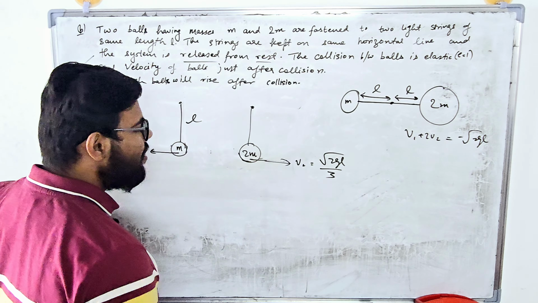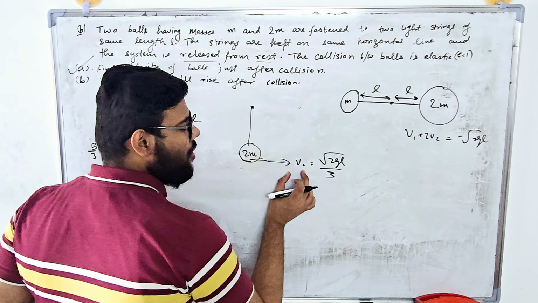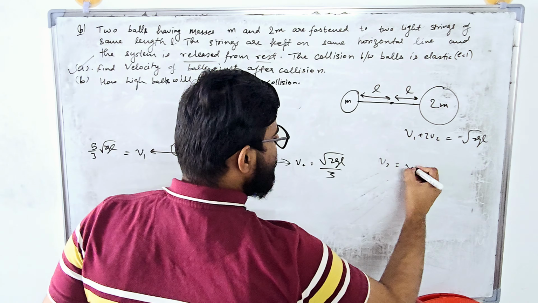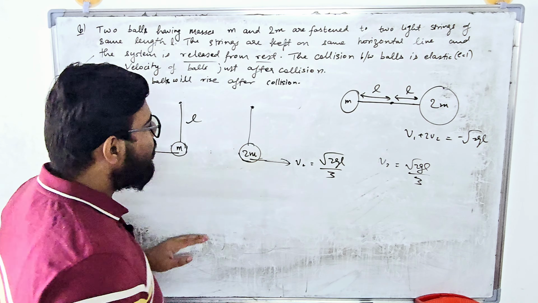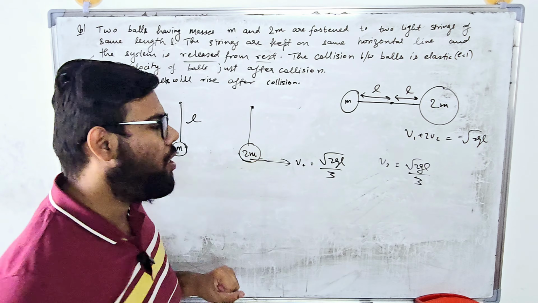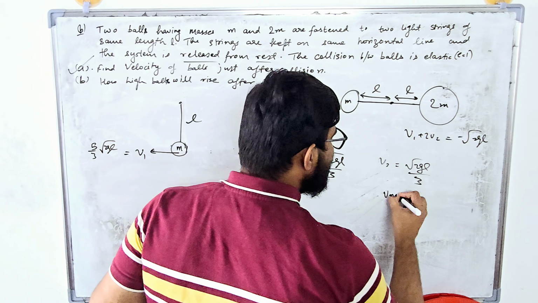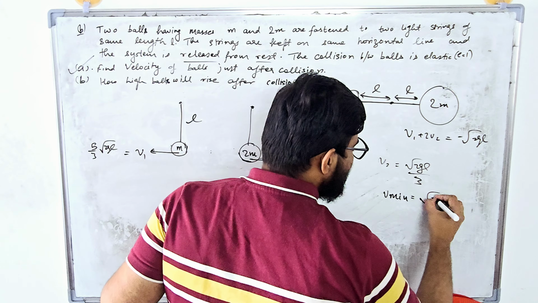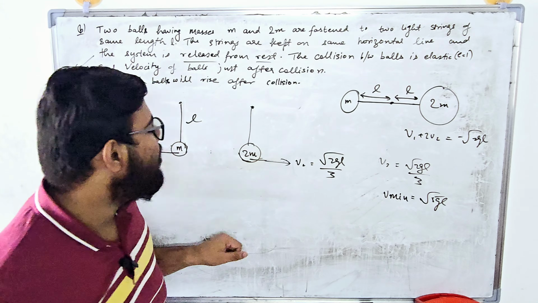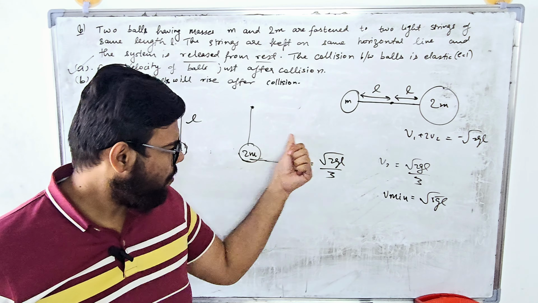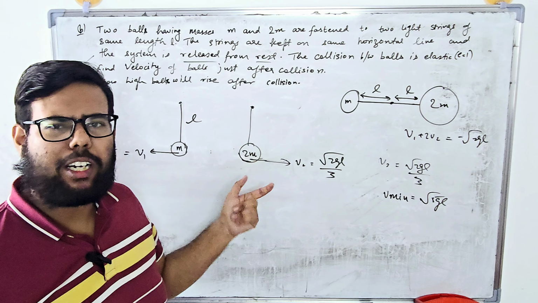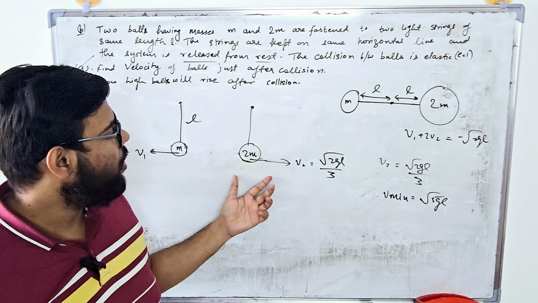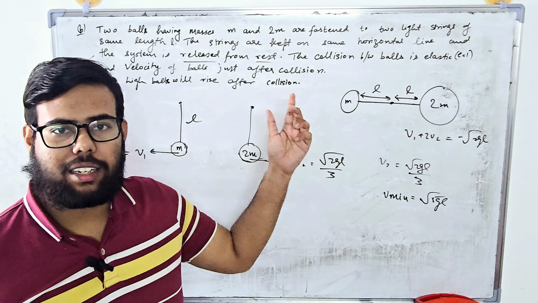Notice what its velocity is. V2 is equal to root 2gl by 3, right? And to complete the vertical circular motion, what is the minimum velocity? It is equal to root 5gl, right? Hence this system, I mean this bob or this pendulum basically, won't complete the circle, right?